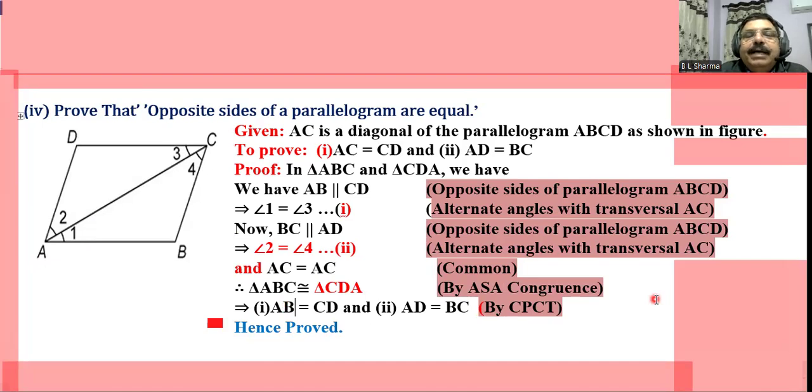This is proved by CPCT. यही प्रूव करना है कि किसी भी पैरेललोग्राम में उसकी अपोजिट साइड्स इक्वल होती है. That's all for this theorem or this property that opposite sides of a parallelogram are equal.